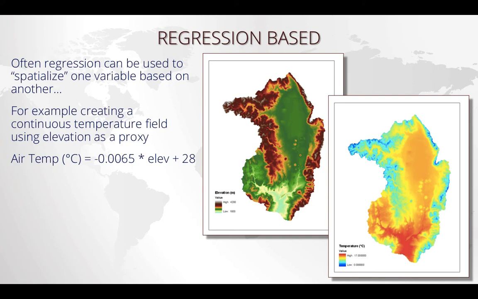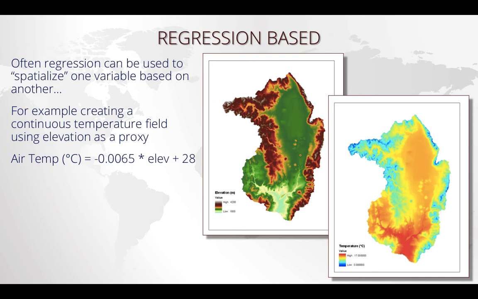And this is to come up with a relationship, in this case, between air temperature and elevation, because we're only measuring air temperature at a few places on Earth, but we have pretty detailed information about the elevation of the Earth's surface. And what I can do is take a relationship I develop based on a few points and extend it spatially based on a DEM.